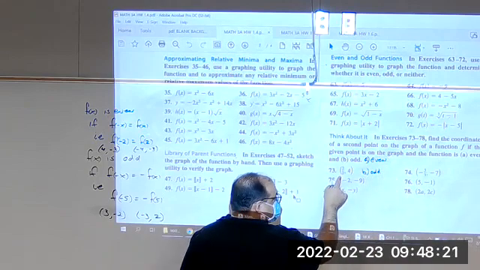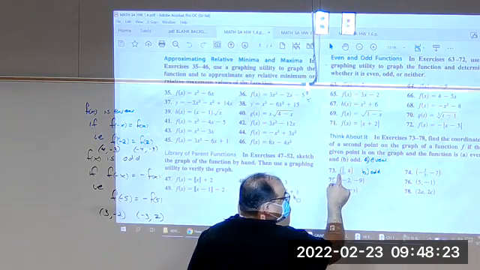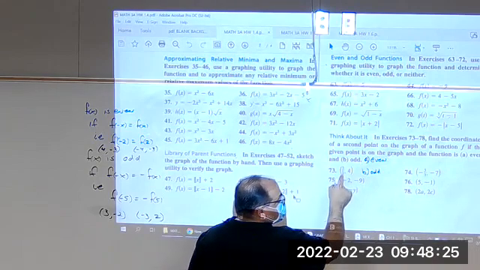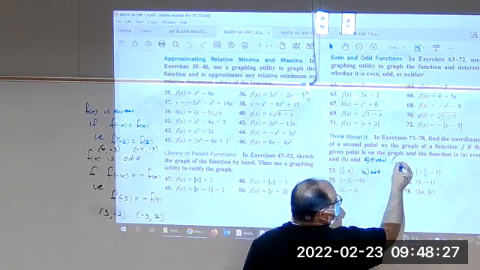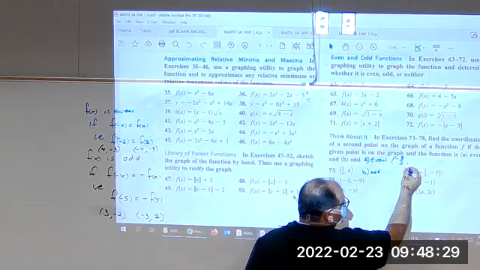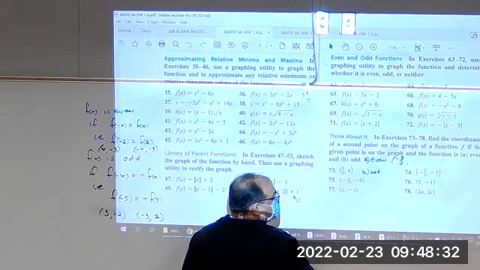So if it's even, this is a positive. So when I plug in the left side, I would plug in -3/2. If it's even, what would the y value be?